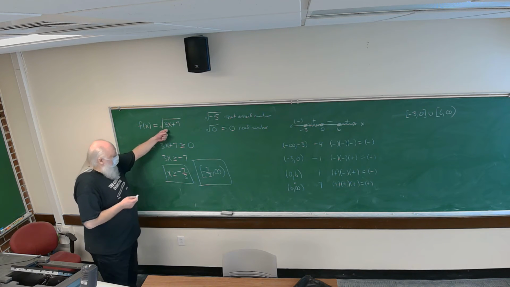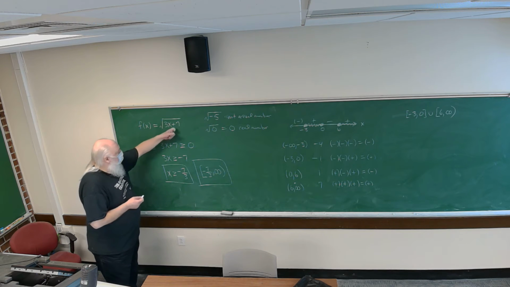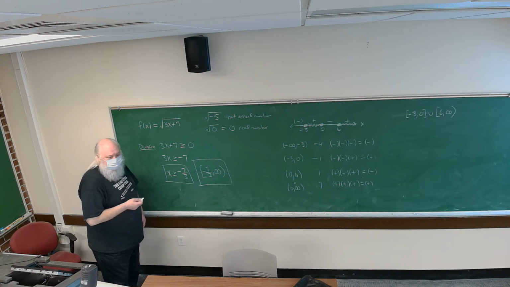So you can't put a number less than minus 7/3 in for x. Otherwise, the value of the radicand will be a negative number, and the square root of a negative number is imaginary, not real.